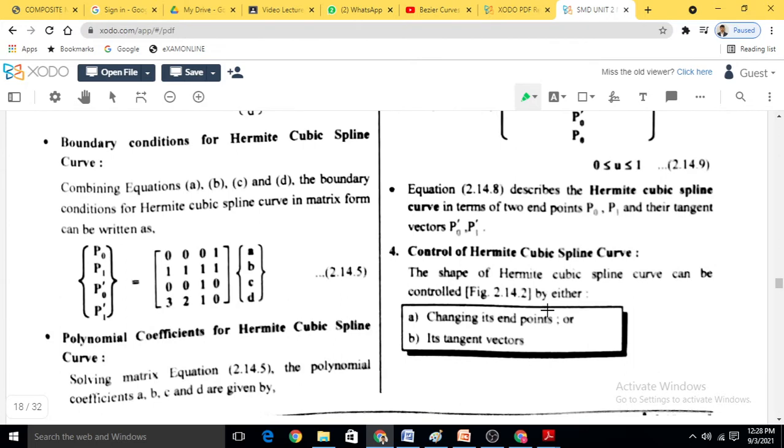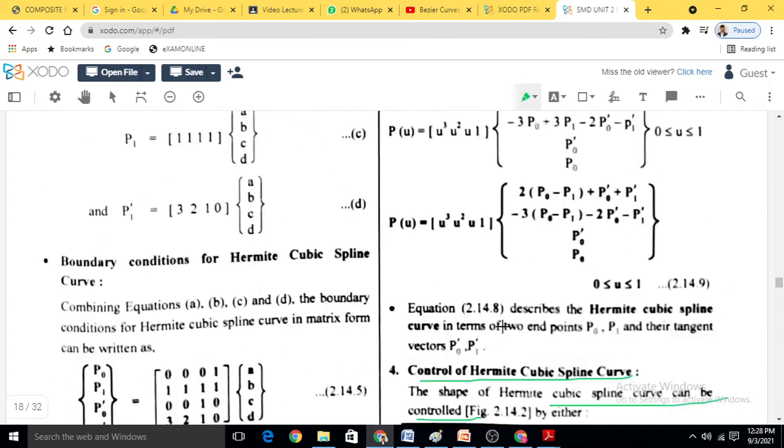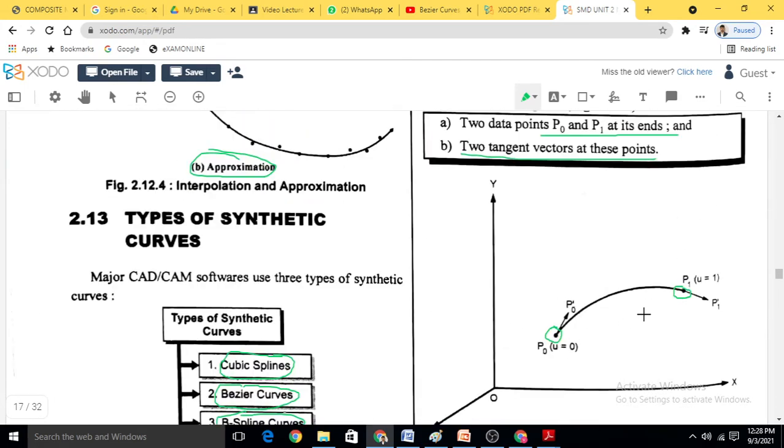To control the Hermite cubic spline curve, its shape can be controlled by changing the end points and its tangent vectors. Here, this is the shape of the curve. Now if we want to change the shape of the curve, we need to change the position of this point P1 to here, and its tangent vector.